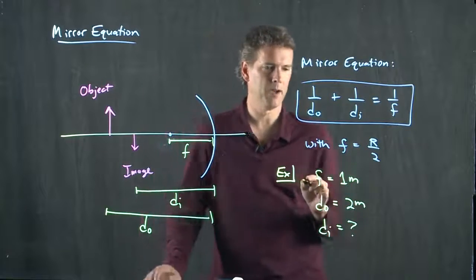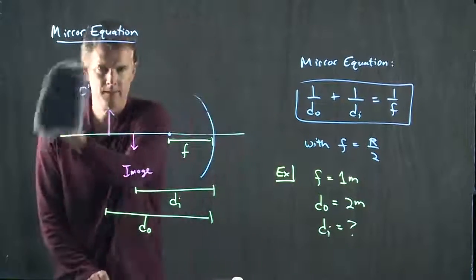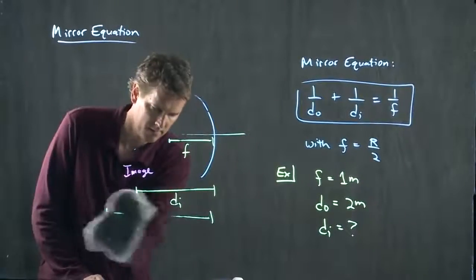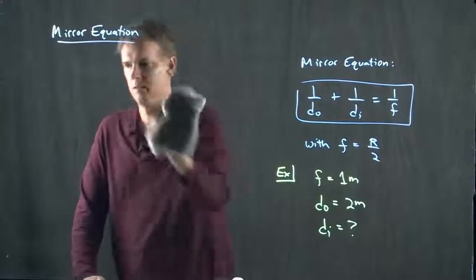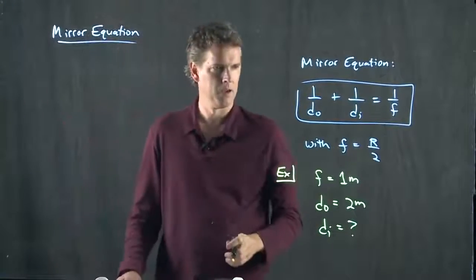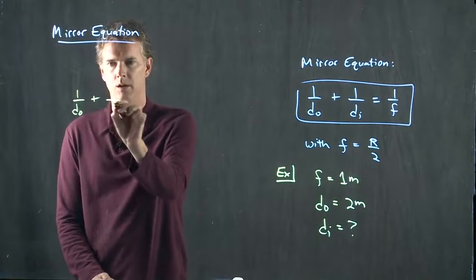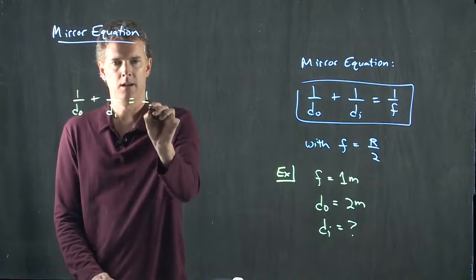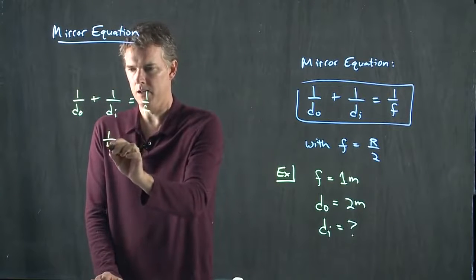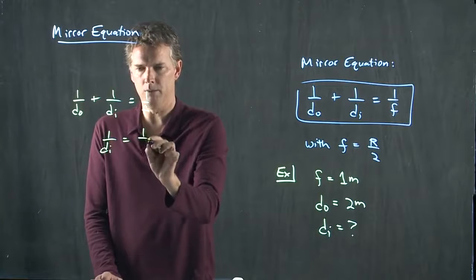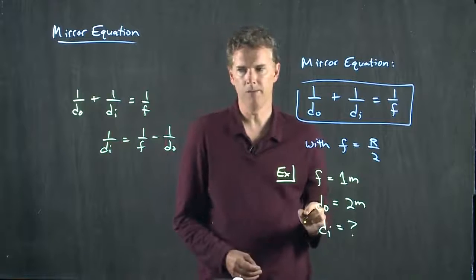Well, yeah, that doesn't look too bad, right? Let's take this equation and let's solve it for di. All right, so we've got 1 over dO plus 1 over di equals 1 over f. So let's move the dO to the other side. I got 1 over di equals 1 over f minus 1 over dO.